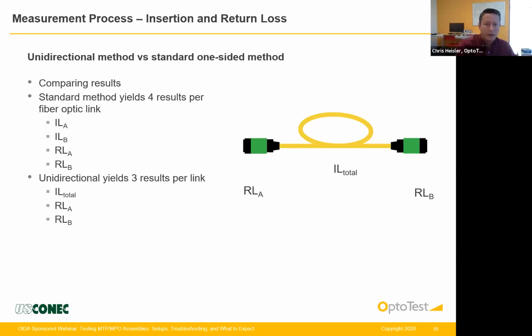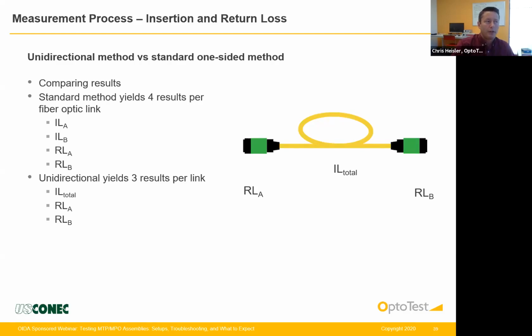Another one I have is: is it possible to get reliable RL measurements for each of the connectors, MTP and LCs, in the DUT, which is MTP to 12 LC with a length of 0.35 meters? It sounds like the DUT is an MTP to 12 LC fan out. It is possible to get return loss for both of those connectors combined.